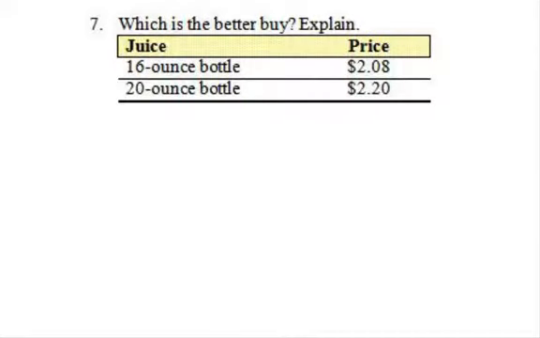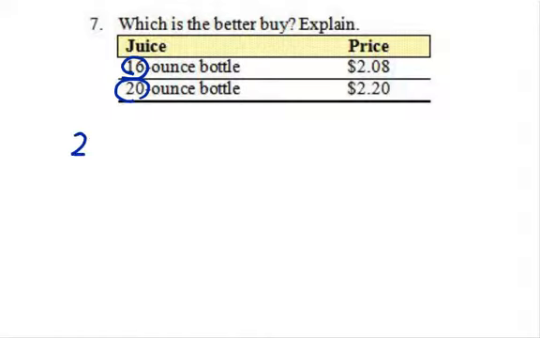Number 7. Which is the better buy? A 16-ounce bottle for $2.08 or a 20-ounce bottle for $2.20? So this is another rate question. We can't compare different size bottles when they have different prices. So since we can't compare 20 ounces to 16 ounces, we need to find a common number of ounces.